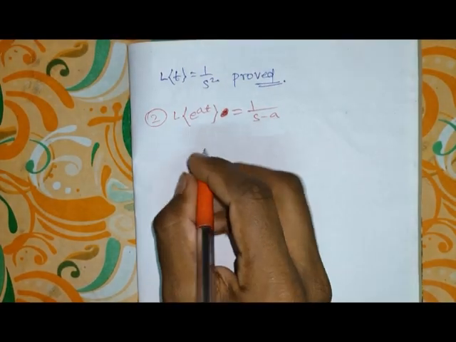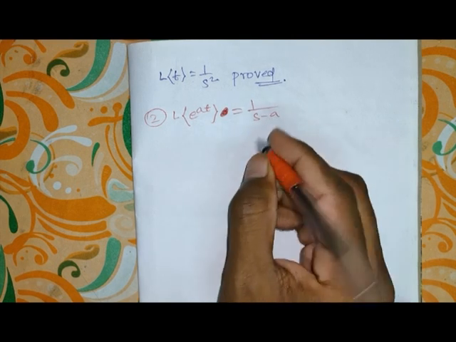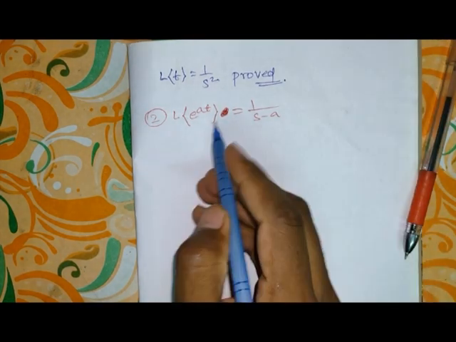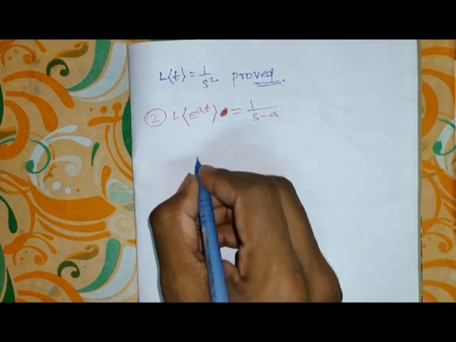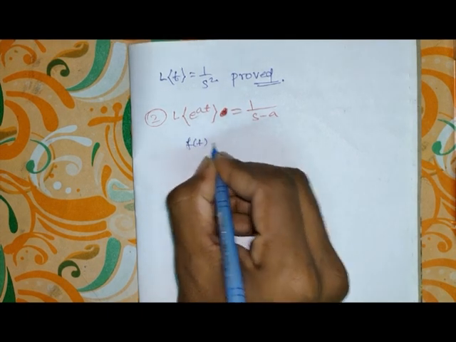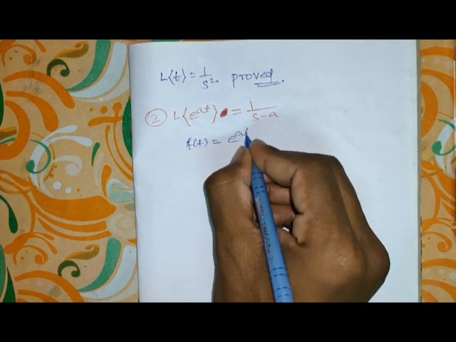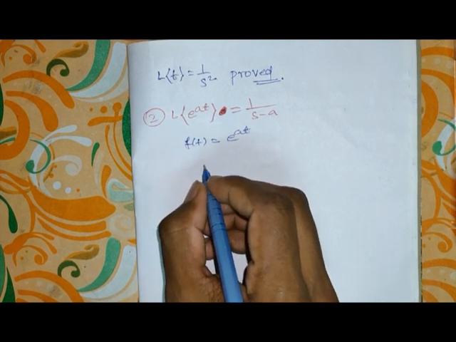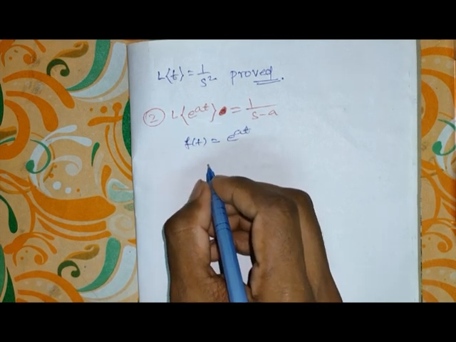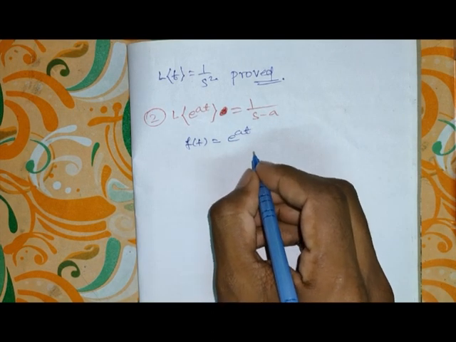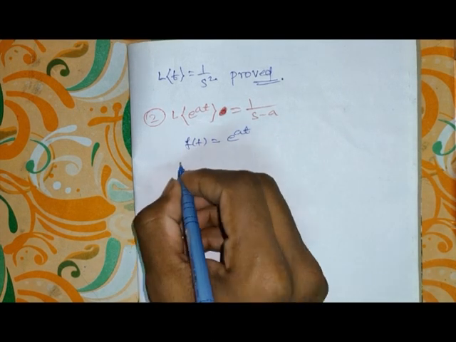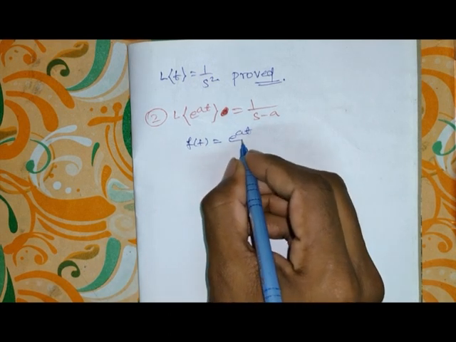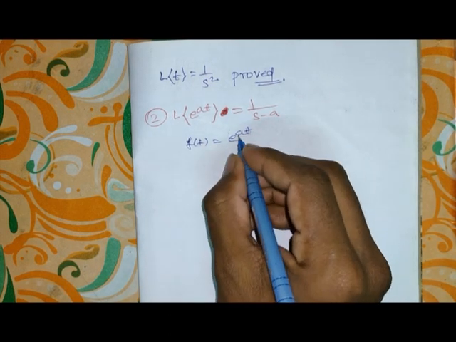See guys, next one, how we are going to prove. What is f of t? f of t equal to e^(at). So we know that formula, Laplace of f of t equal to integral from 0 to infinity of e^(-st) f(t) dt. So f of t equal to e^(at), this is a function.